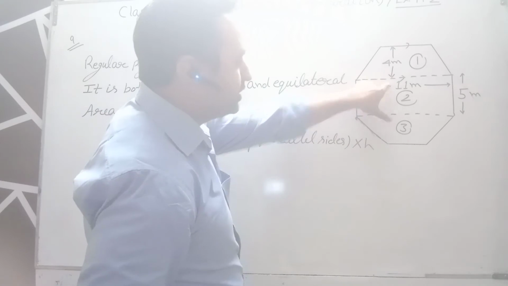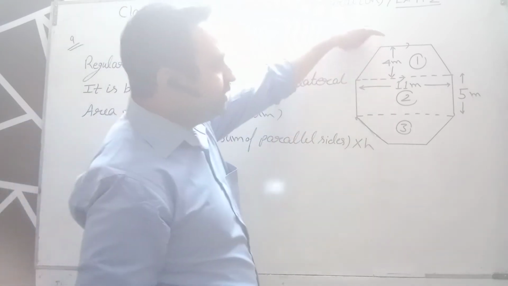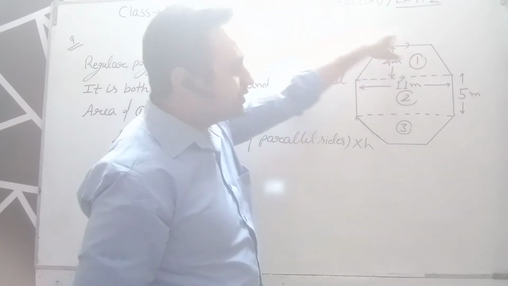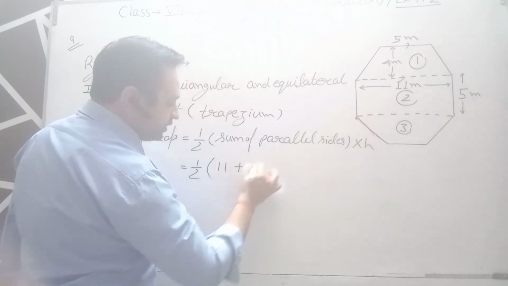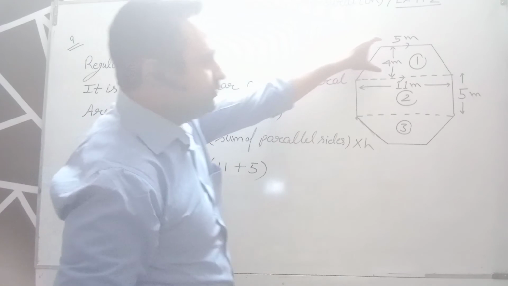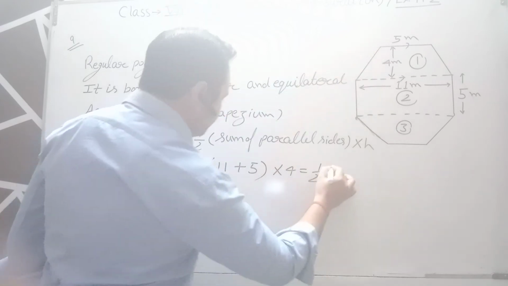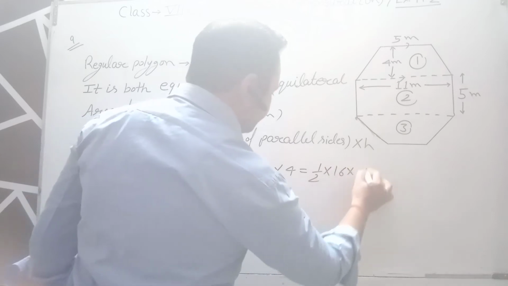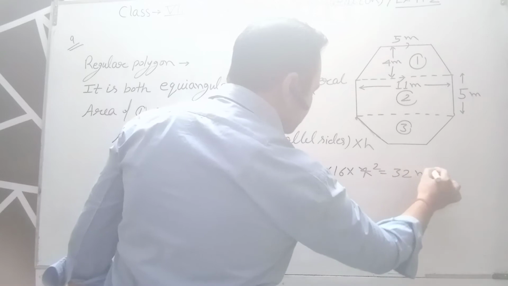First parallel side is 11 meter, and this parallel side, because it is a regular octagon, its value is also 5 meter. And the height, meaning the distance between them, is 4 meter. 1/2 multiply 16 multiply 4, 32 meter square.